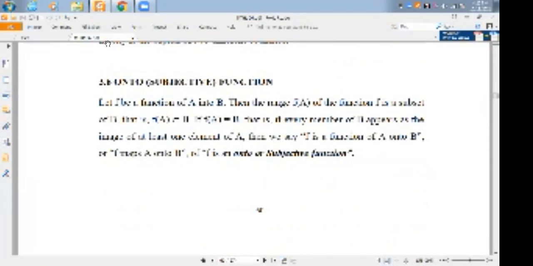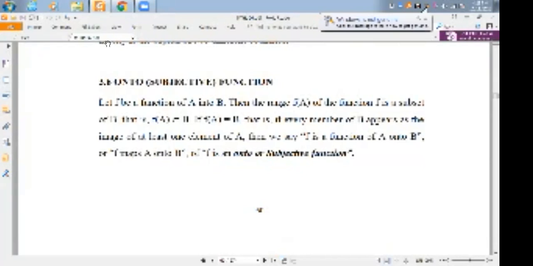When you are dealing with just pure numbers, that there is no element, there is no alphabet, all what you are dealing with is number, that is what we call function. But when you are dealing with number or alphabet is what we call mapping. But the same system or the same discussion goes with the two, either mapping or function. So onto is also what we call surjective function.